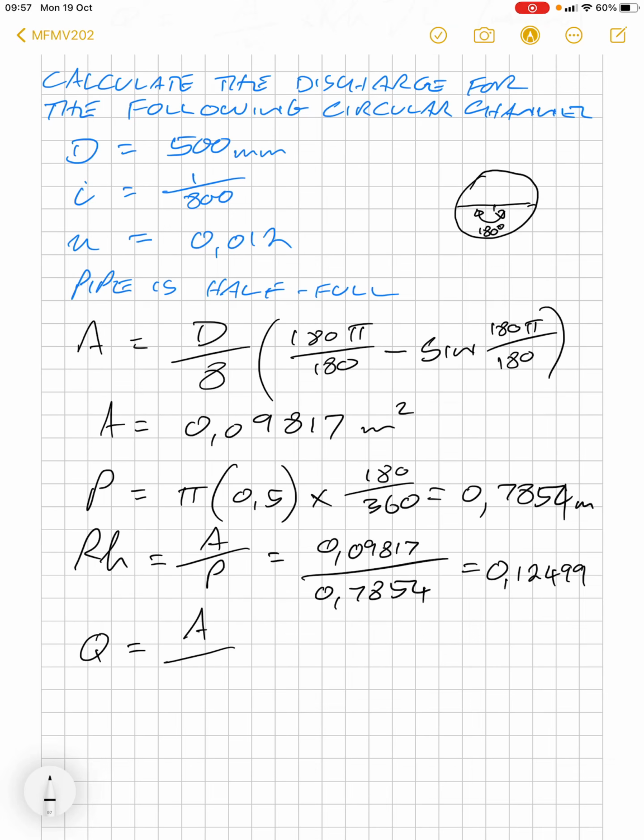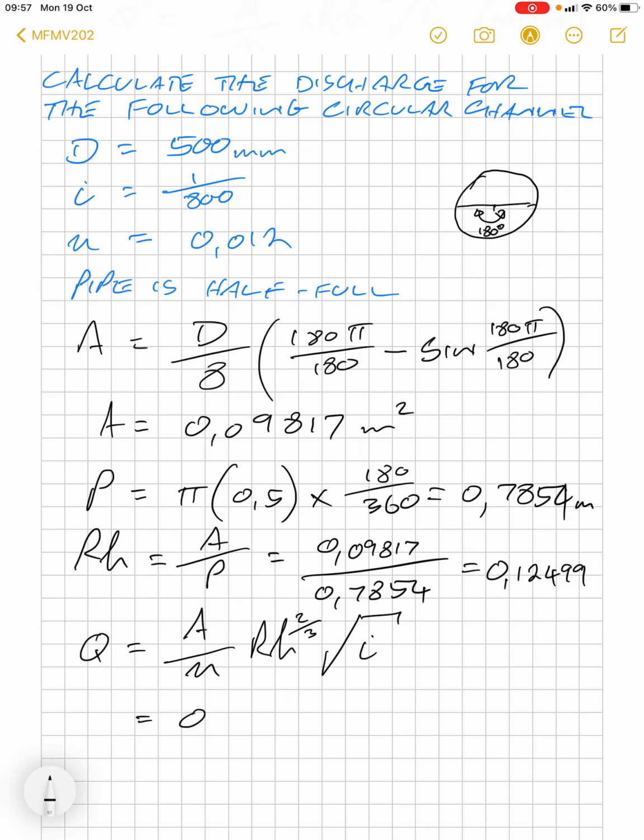Discharge, using the Manning formula, we said it's A over n, mean hydraulic radius to the power 2/3 times the square root of i.